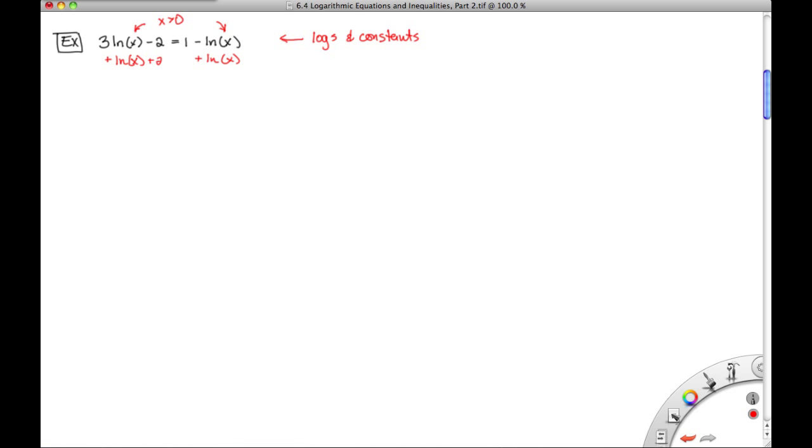And I'm also going to add 2 to both sides. And if I do this, I've got 3 ln of x's plus 1 ln of x, so that's going to give me 4 times the ln of x. And on the other side, I've got 1 plus 2, which is 3.